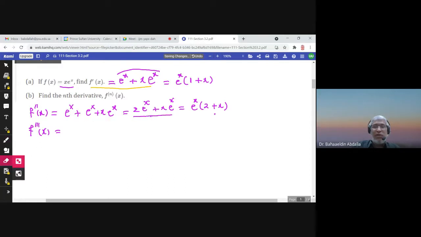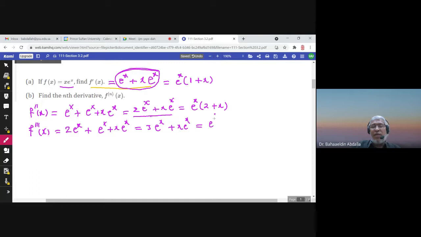So let us find the derivative of this. The derivative of 2 e to the x is 2 e to the x. And the derivative of x e to the x is again this, as we found in part A. 2 e to the x plus e to the x would be 3 e to the x plus x e to the x.